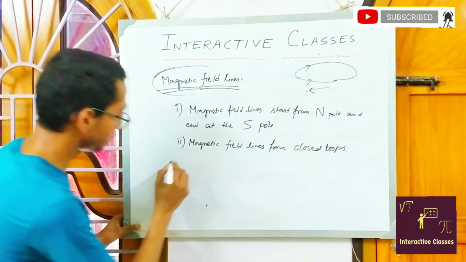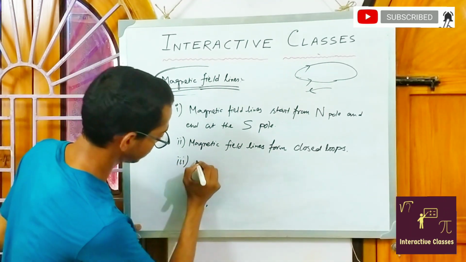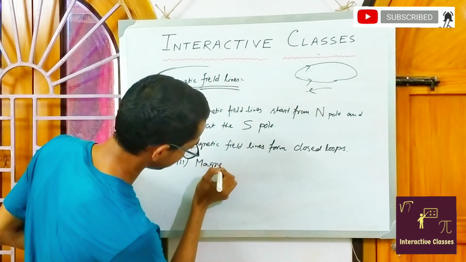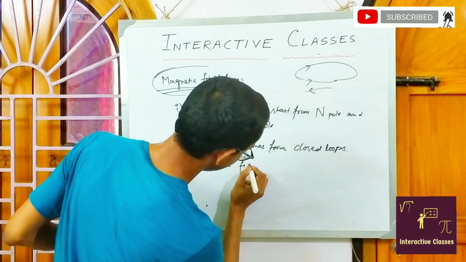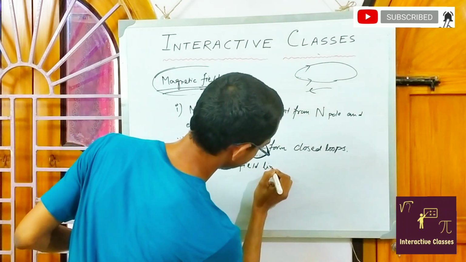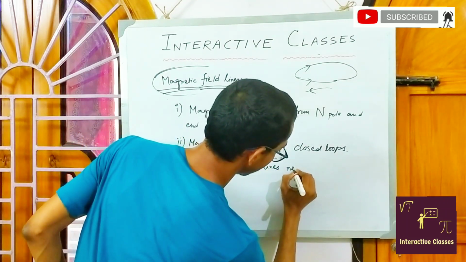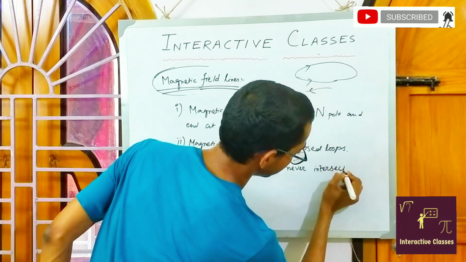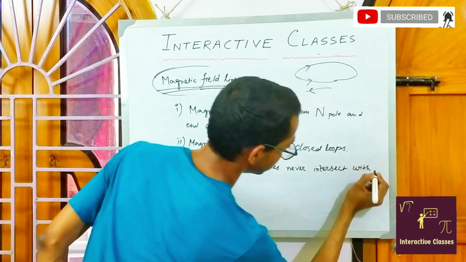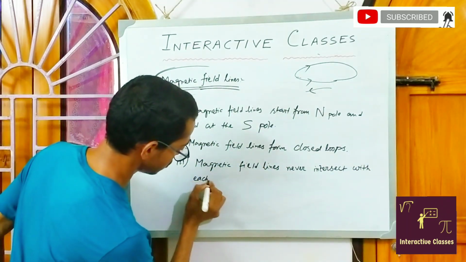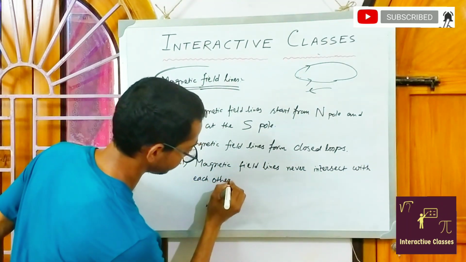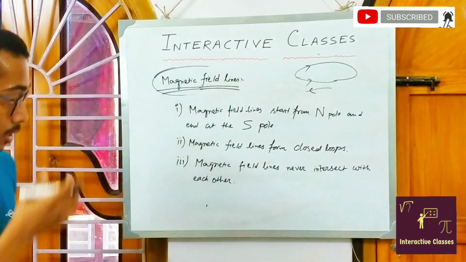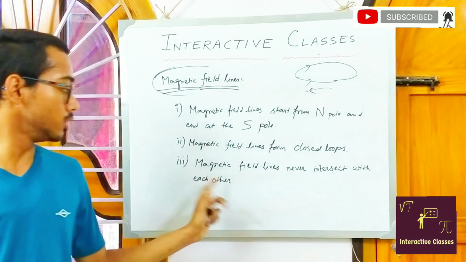Number three: magnetic field lines never intersect each other.